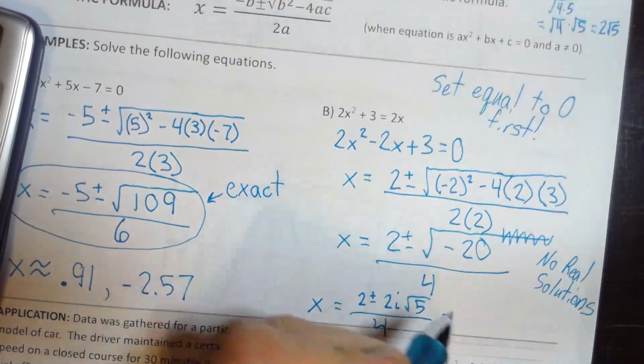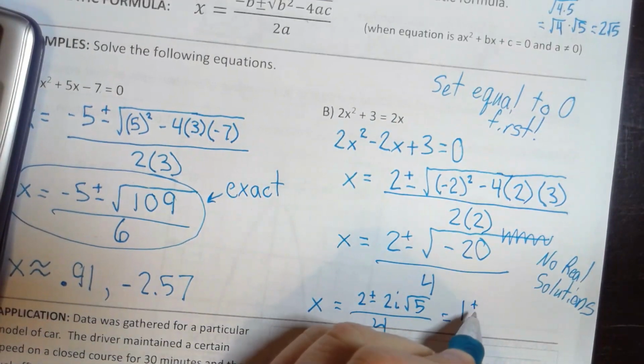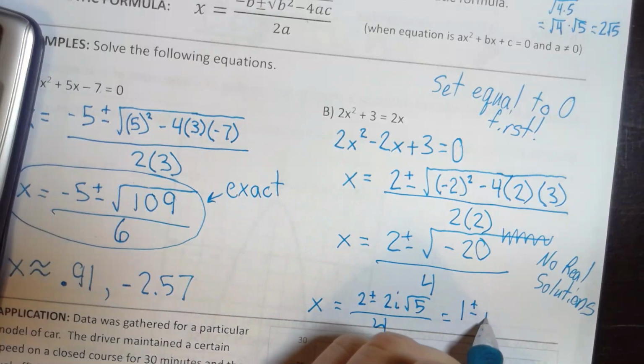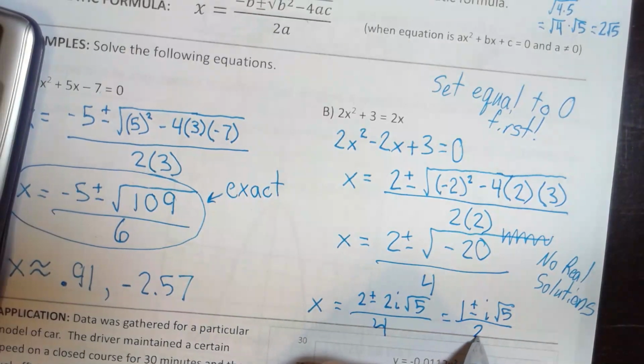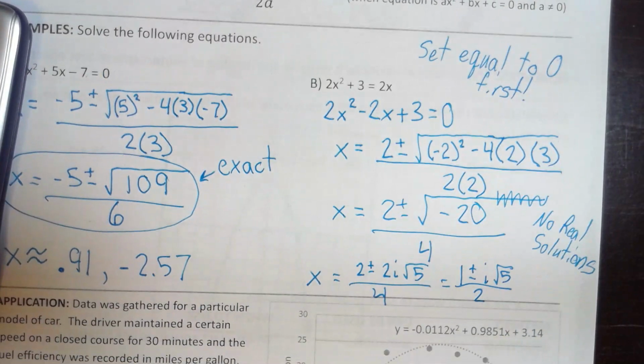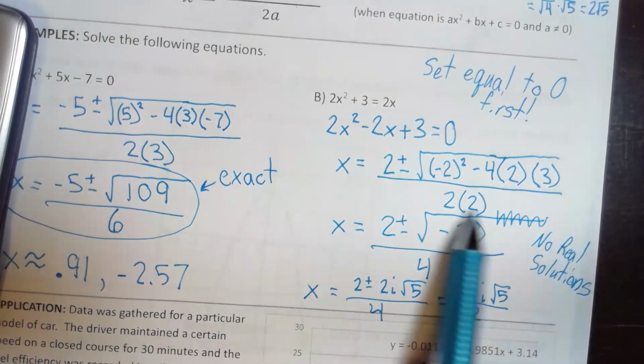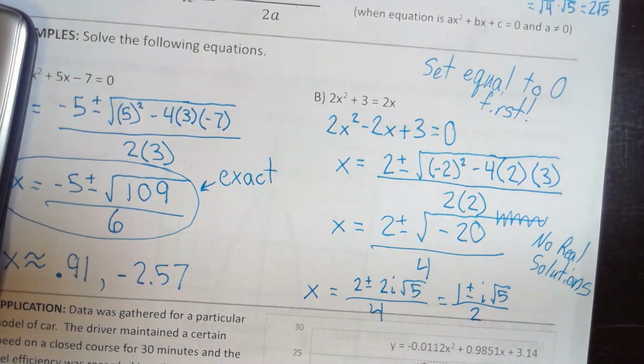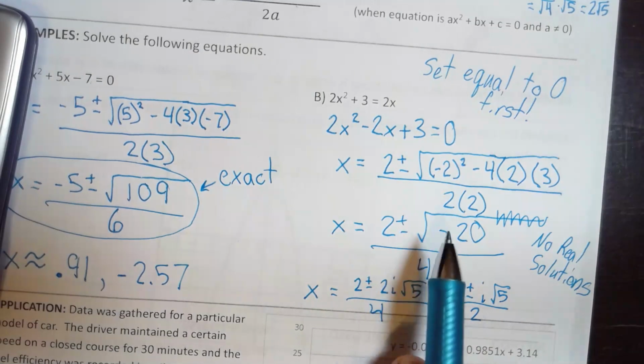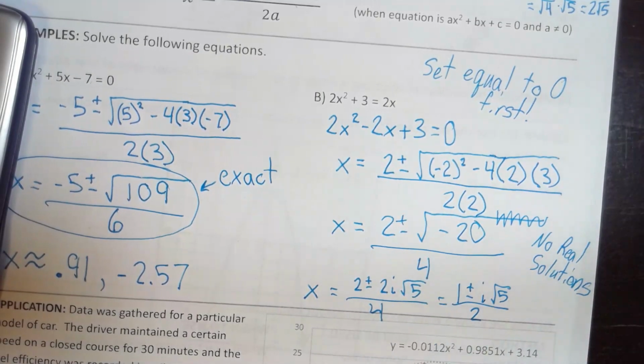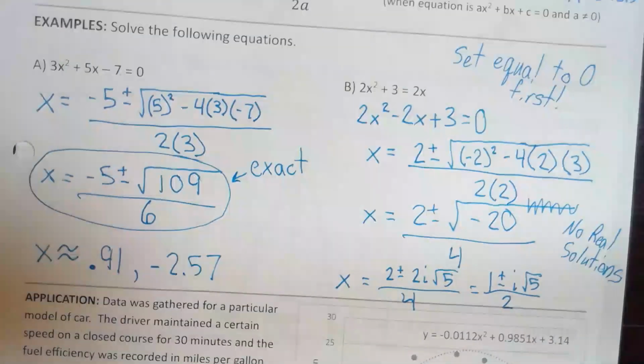If you don't like this, you can say whatever, Mr. Gibbs, but we could even simplify it just a little bit more to that. But I need you to be able to get to here, right? No real solutions if there is a negative sign out in front, okay?